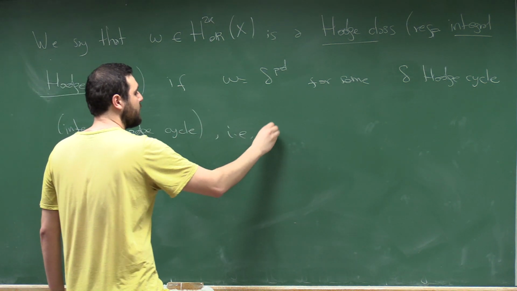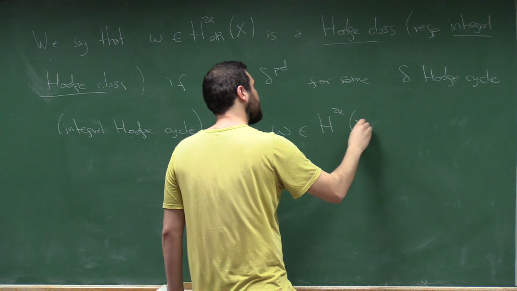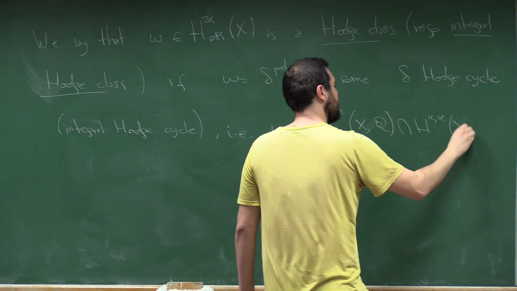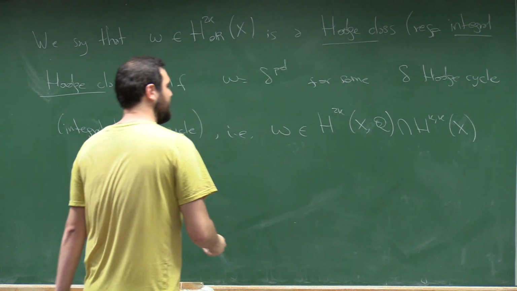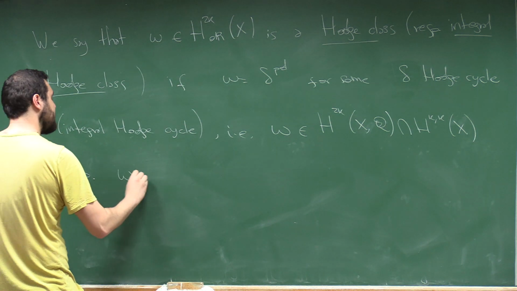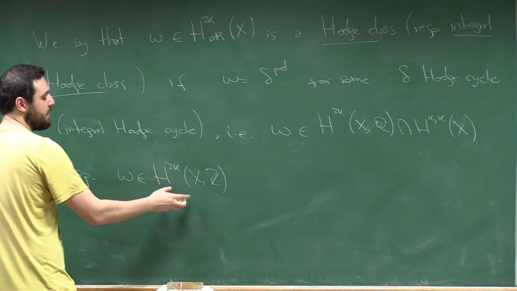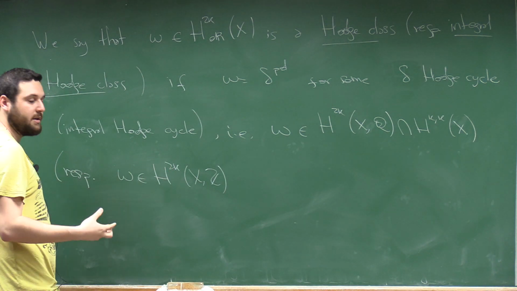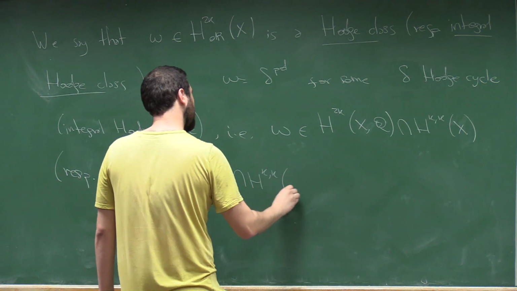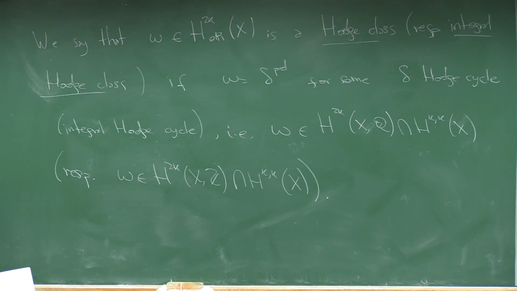In other words, if omega belongs to H^{2k}(X) with rational coefficients intersected with H^{k,k}(X). And here we're saying that omega is in H^{2k} with integral coefficients, but here I'm looking at its image inside the cohomology with complex coefficients. Okay, Hodge cycle, Hodge class.